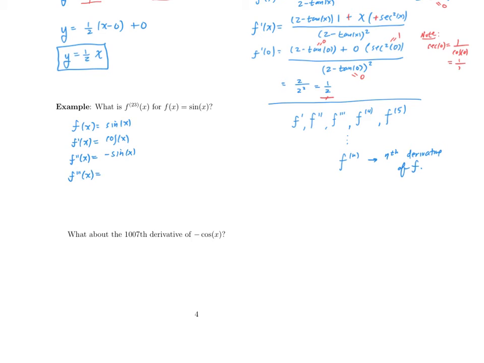The third derivative is the derivative of the second derivative. So when we differentiate with a negative sign, that remains. And then the derivative of sine is cosine. And if we keep going, we say, okay, the fourth derivative, we differentiate again.